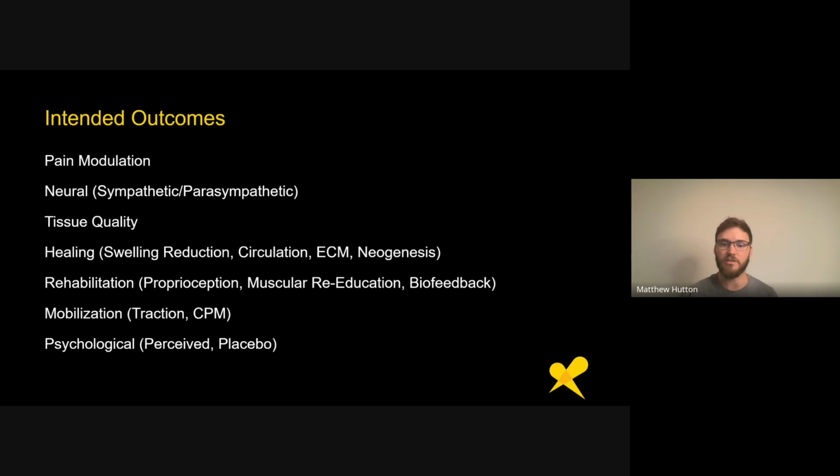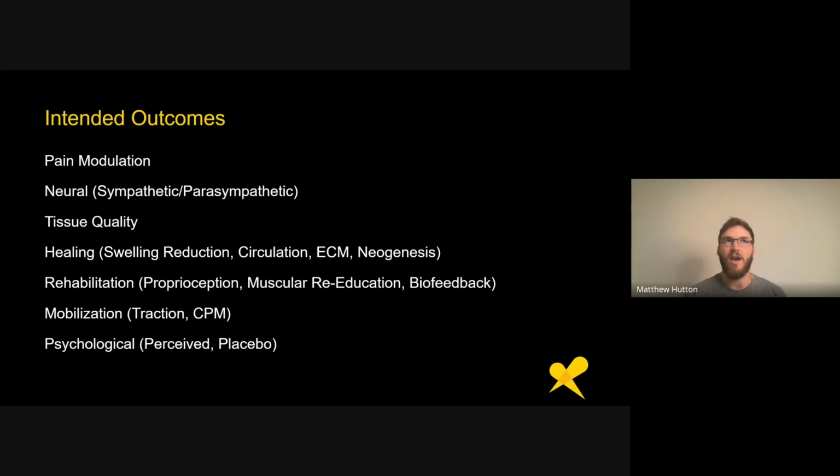Muscular re-education, things like Russian stim, and then biofeedback is a growing field that I'm pretty big on, and I think a lot of PTs use, where maybe you're using NMES and hooking it up, and there's a few different brands of surface EMG that are supposed to educate the athlete to contract this and relax this.